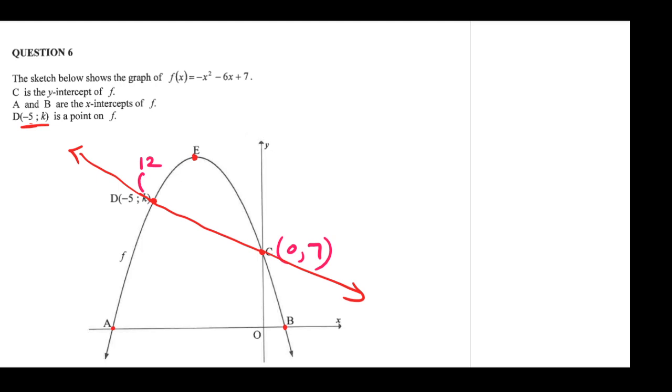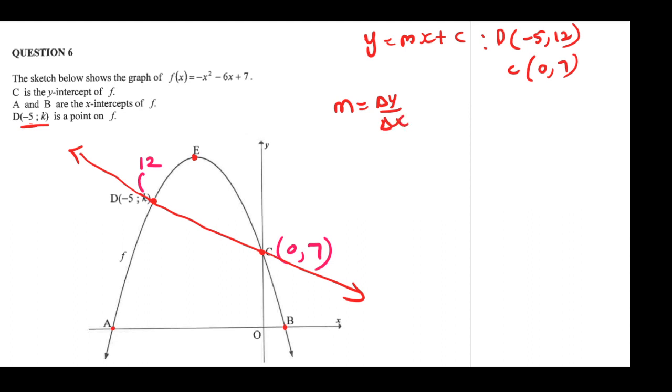To find the equation of the straight line, you say y equals mx plus c. First we need to find the gradient of the straight line. We have two points: D, which is minus 5 and 12, and C, which is 0 and 7. We'll use the gradient formula, change in y over change in x, so we can find this m.